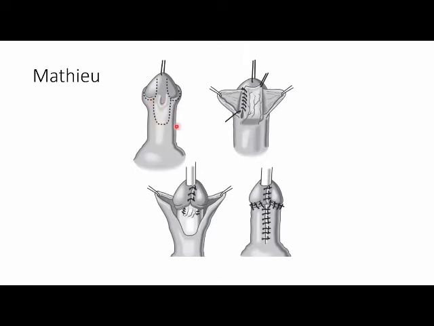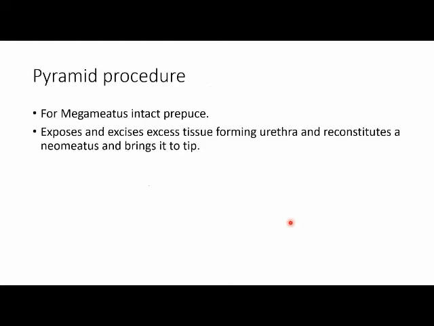Once you incise and raise the flap, you flip it over towards the glans region, so that you will be creating a tunnel distal to the abnormal meatus, bringing the neomeatus to the glans region. After glans wings raising, you will be reinforcing the repair with glansplasty and meatoplasty, followed by skin approximation. So this is Mathieu's technique.